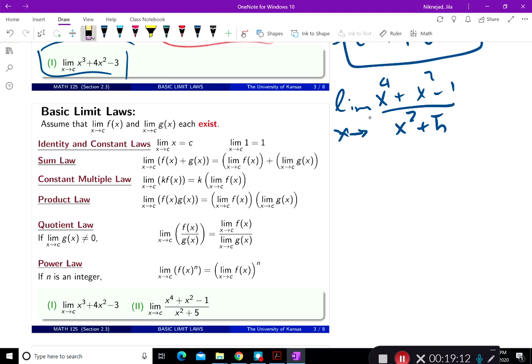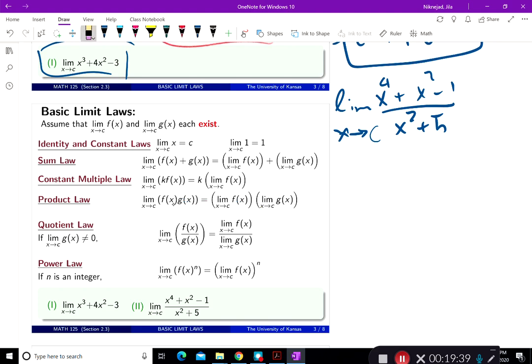So how do we go about doing this? With the polynomial, we broke it down. With this one, the quotient is what comes to mind first, so I use the quotient law.